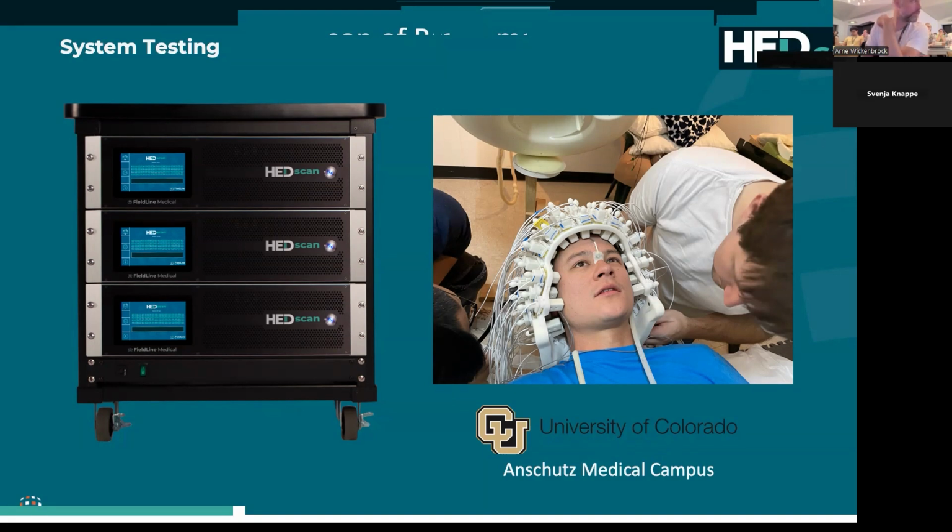The biggest power consumption comes from the need to heat the vapor cell, and that is maybe 500 milliwatts or so per vapor cell. So that's the biggest power consumer in our system. But even with 128 sensors, it's not more than 1,000 watts. So you just plug it into a normal outlet.